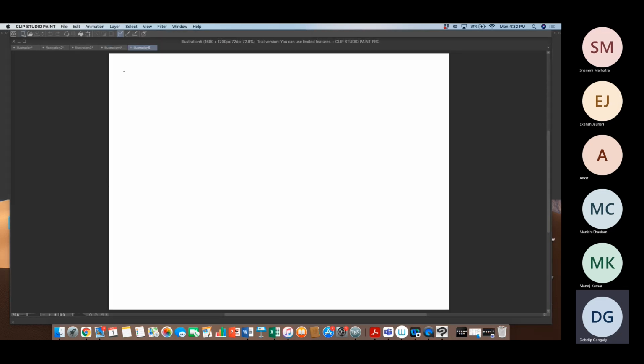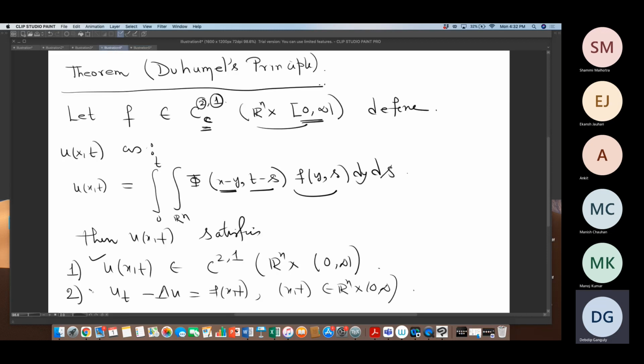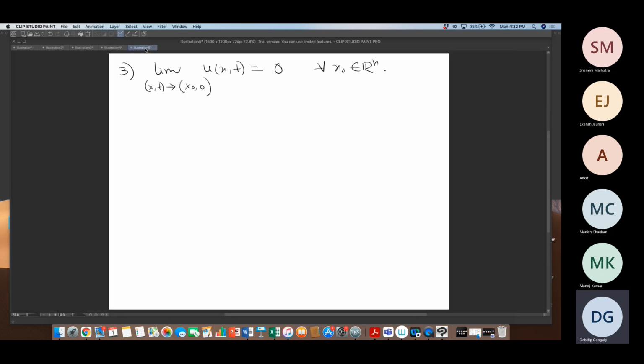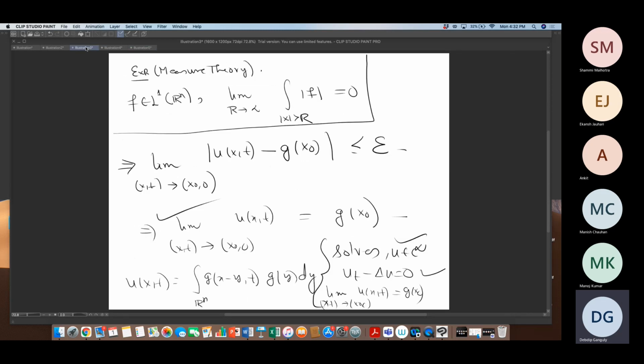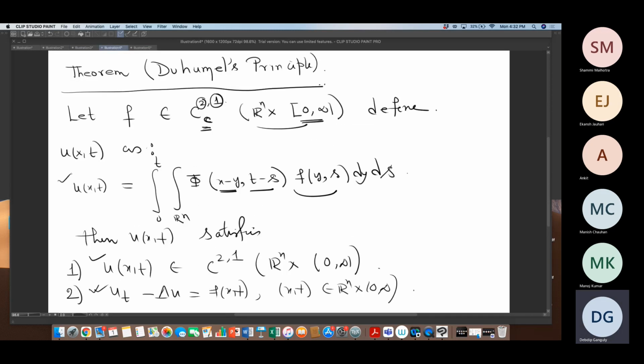And the third one is the limit as (x,t) tending to (x_0,0) of u(x,t) is 0 for all x_0 in R^n. That means now you have a solution of u_t minus Laplacian of u equal to f(x,t) with boundary value 0. Then u(x,t) solves this equation.